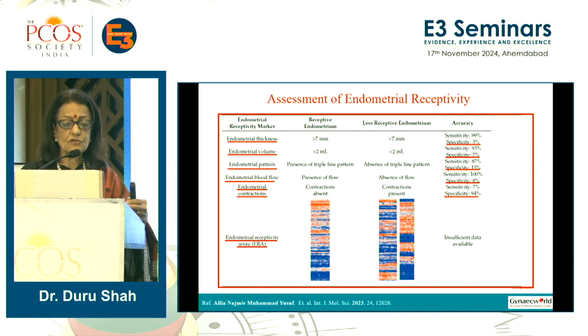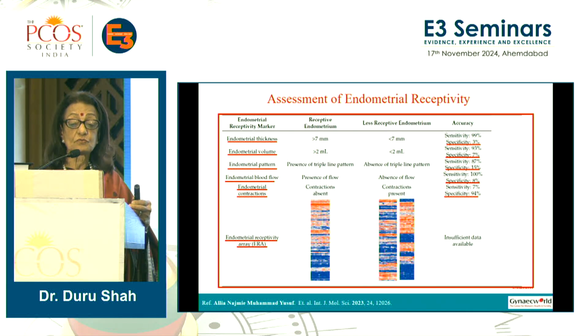So if you look at assessment of endometrial receptivity today, what is really sensitive is endometrial thickness: more than 7 millimeters is a receptive endometrium, less than 7 is less receptive, and the sensitivity is 99% with a specificity of 3%.